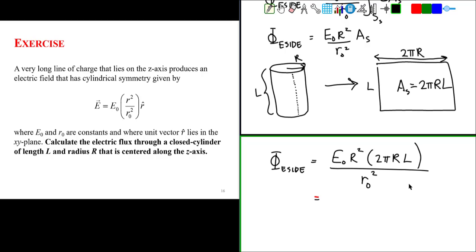And this is just 2 pi E naught L R cubed over r naught squared.